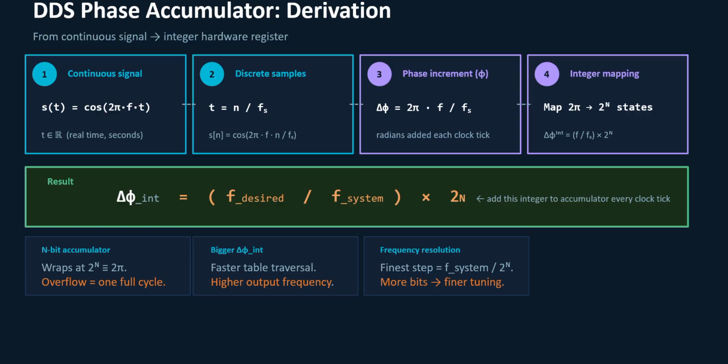So if you want to design a DDS that synthesizes a certain frequency, you can see how these numbers will affect the outcome based on your requirements.